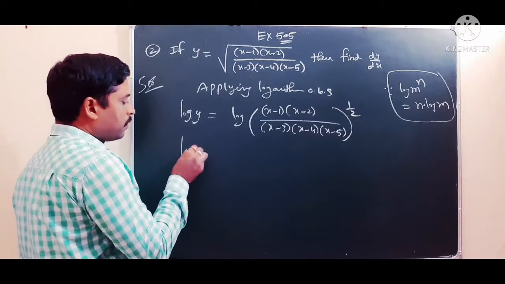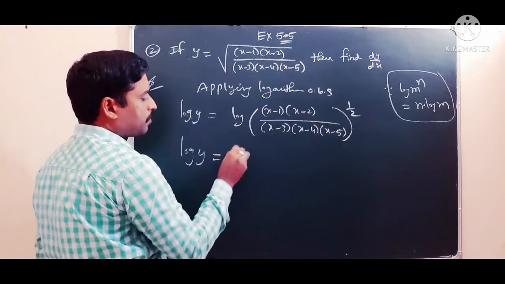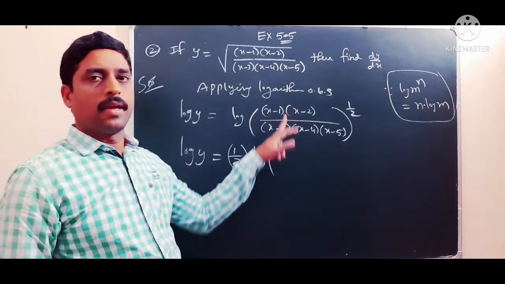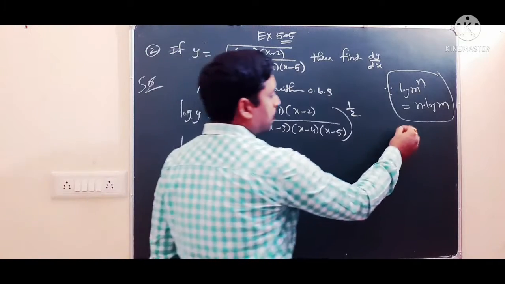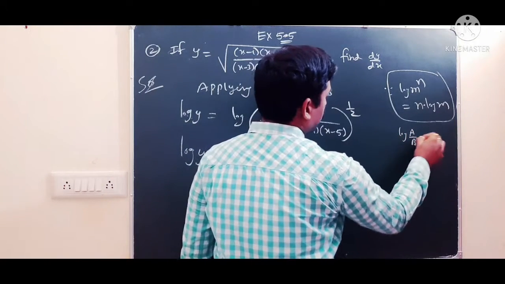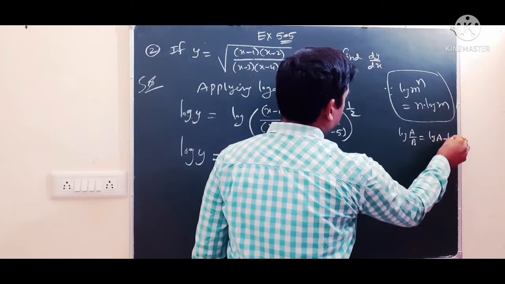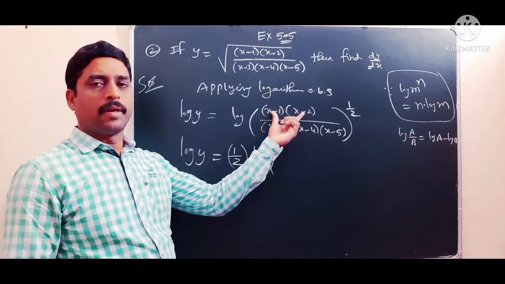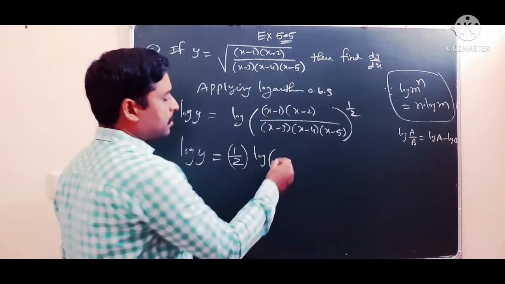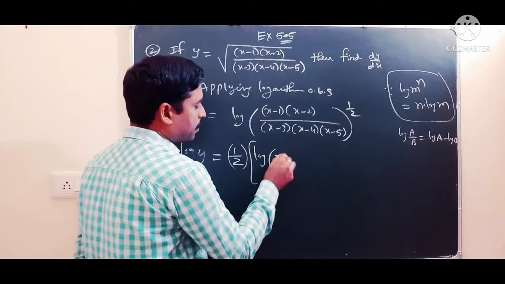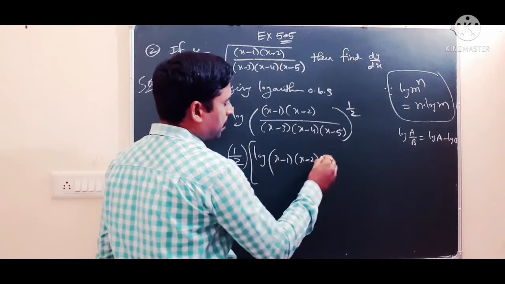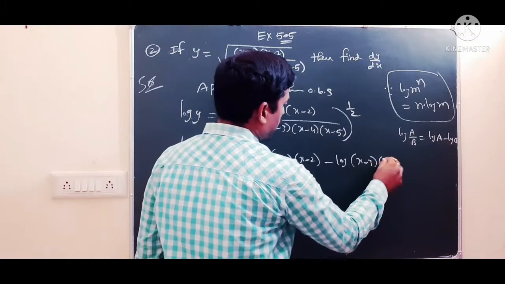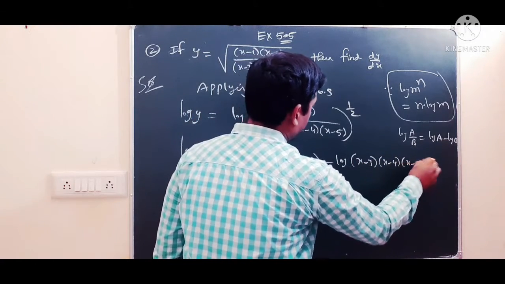So log y is equal to 1 by 2 times log of, we have the log a by b formula: log a by b is equal to log a minus log b. So log of the numerator value minus log of the denominator value. So log of (x minus 1)(x minus 2) minus log of (x minus 3)(x minus 4)(x minus 5).